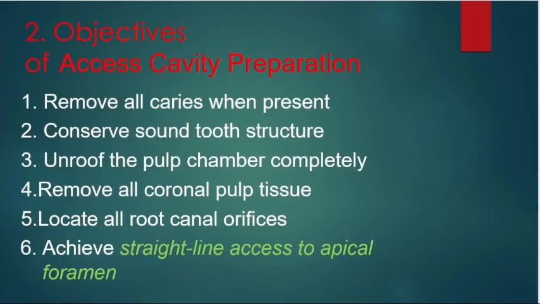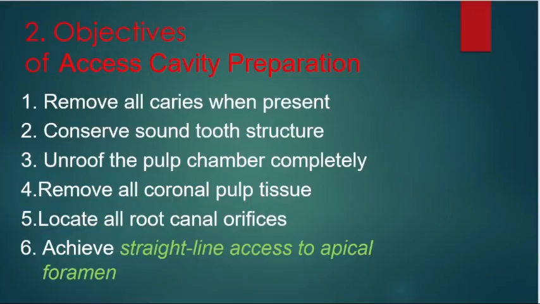Alright, now let's talk about the objectives of access cavity preparation. According to Cohen's, the following six points should be provided when we prepare a tooth. Number 1, we should remove all the caries and defective fillings. Number 2, we should conserve sound tooth structure. Number 3, we should remove the pulp chamber roof completely.